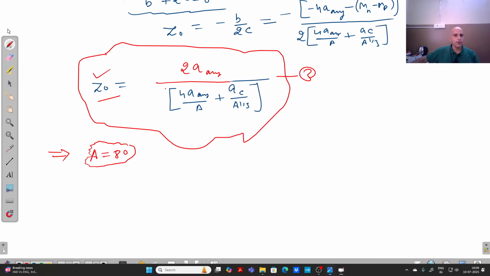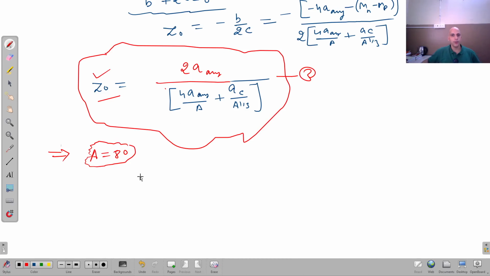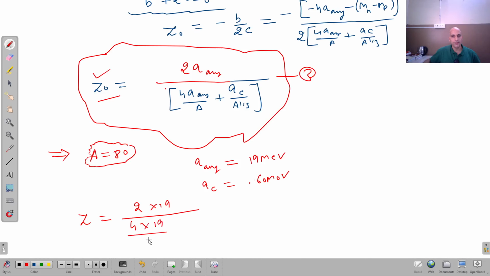For that, let's make the calculations. I put the value of A symmetry, which we know very well is 19 mega electron volt, and the Coulomb energy term value 0.60 mega electron volt. A is given, so Z is equal to 2 into 19 divided by 4 into 19 divided by 80 plus 0.60 divided by 80 power 1 by 3.